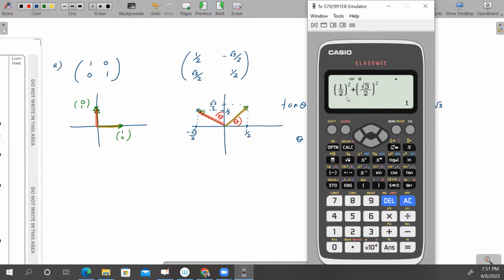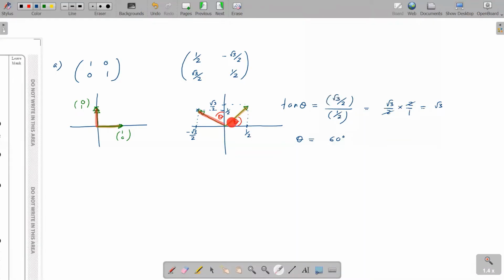Half squared plus root 3 over 2 squared is 1, so the root of that is 1. Is there any enlargement here? No, because the original length of the arrow is 1 and the rotated arrow is still 1 unit. If you got 2 when you apply Pythagoras, that means there is an enlargement with scale factor 2 as well. So that's really important.